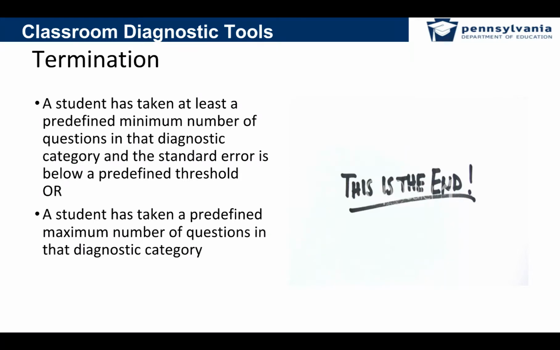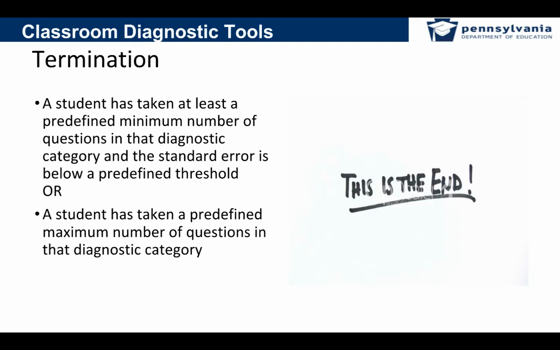And if it's in ELA, the minimum number would be 10. And the standard error in the predefined threshold would be in the 70s for math and science, and in the 90s for ELA.